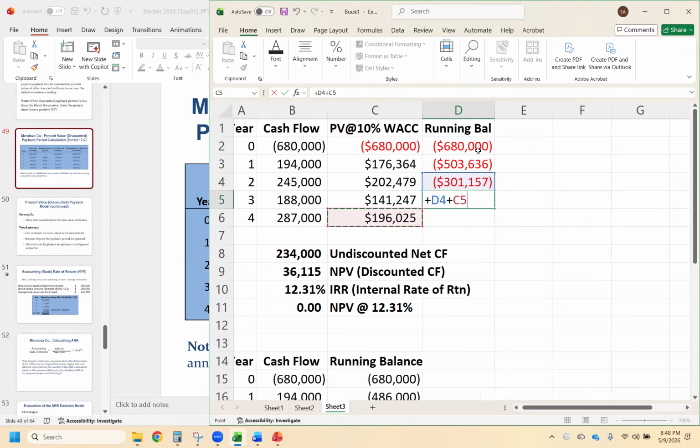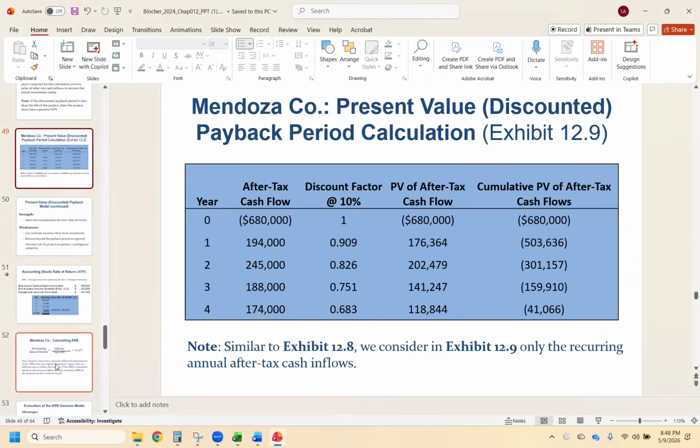It's still going to be 4 years. There, yeah. And that's the 4th year. So your payback period is still 4 years, even if you do the payback period on the present value.